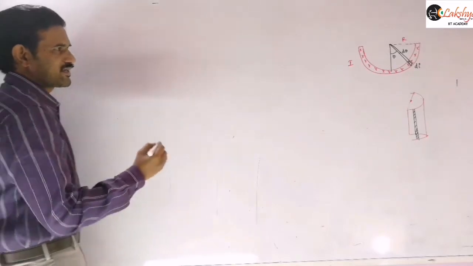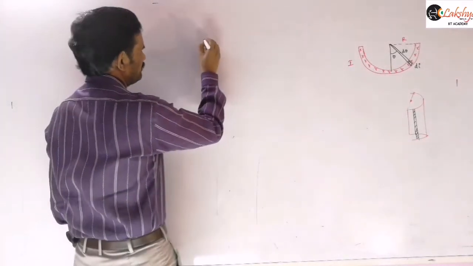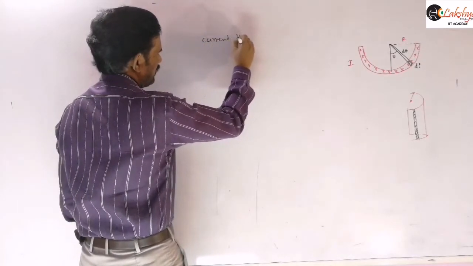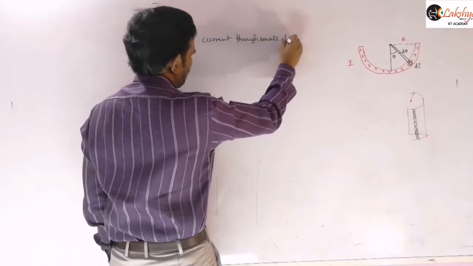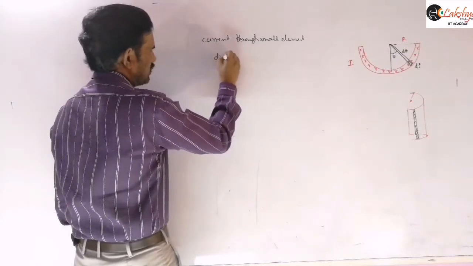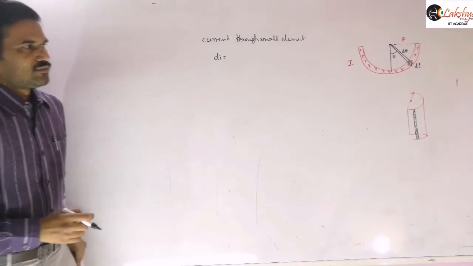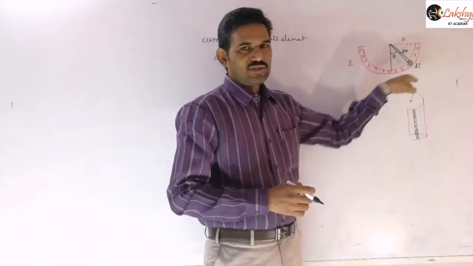So first let us write the current flowing through that element. di is equal to, can you say how to write the current through a small element now? The given information is that the total current I is distributed over this total cylinder.